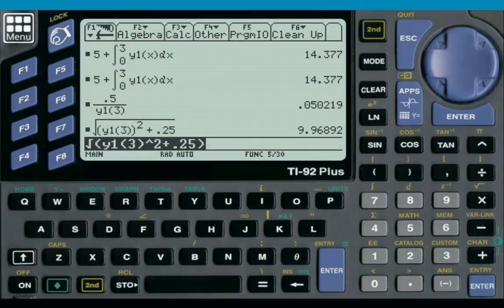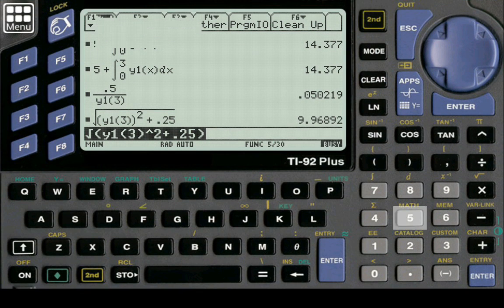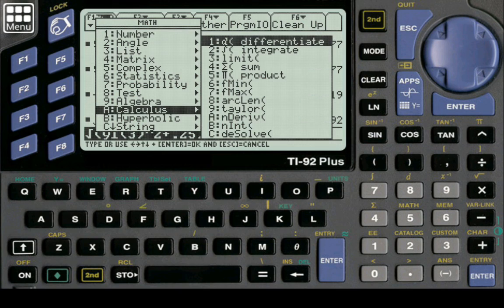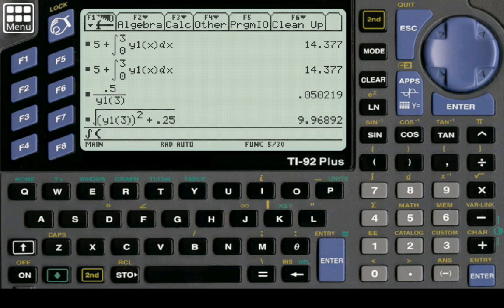So I need second math, calculus, integrate. Okay, I'm going to do the square root of the quantity x prime of t squared, but isn't that y1, of x squared, plus y prime of t squared, which from 0 to 1 is a constant negative 2, so squared, that's plus 4, and close the square root.